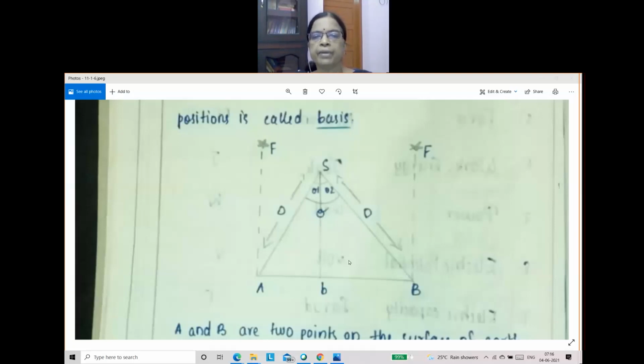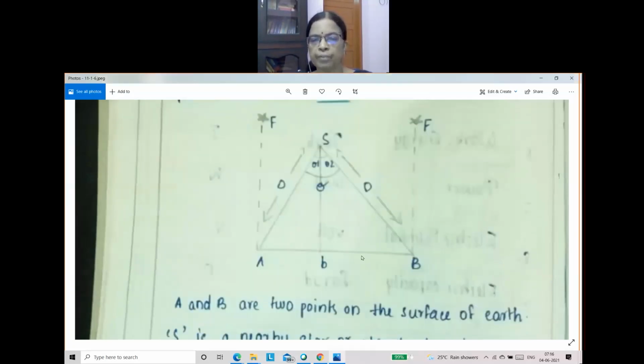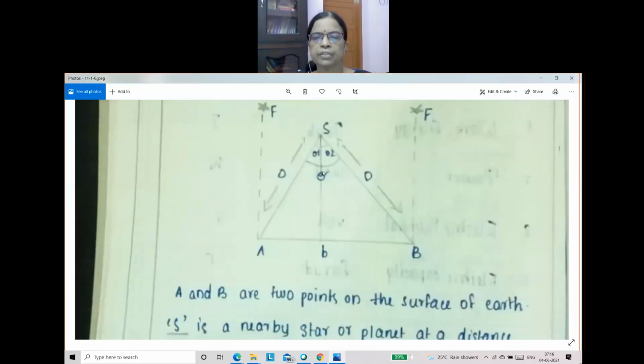Now what all things do we have? Theta we got. This distance we know because it is the distance on the surface of the Earth. The only unknown distance is this capital D, which is the distance of the star from Earth. So how will you calculate that? Angle equals arc length by radius.